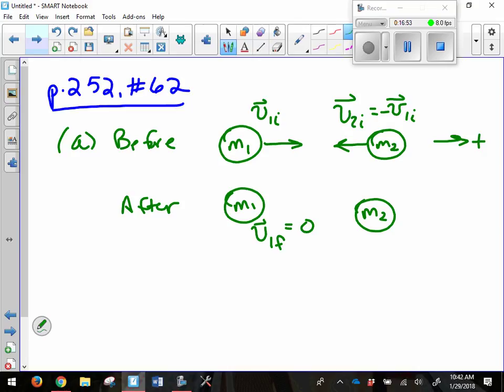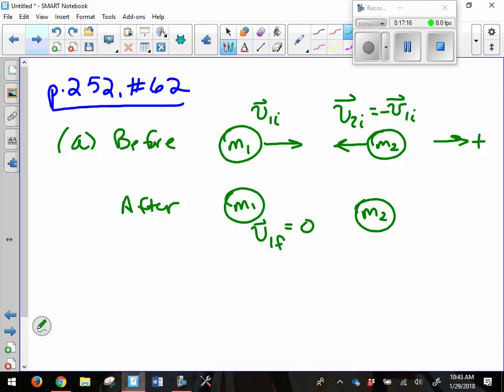But these aren't going to stick together. They have to have the same mass. Very good, Sari. Because if they had the same mass, what would the total initial momentum be? 0, right?